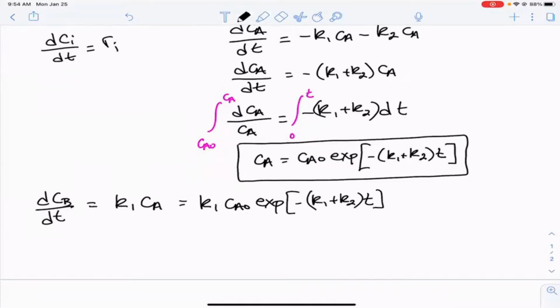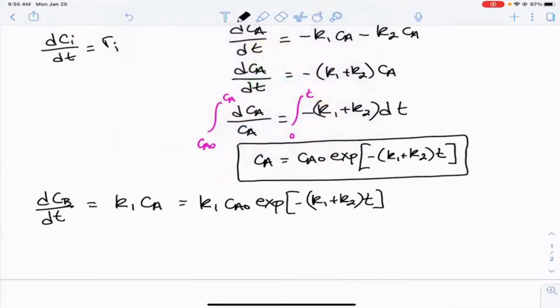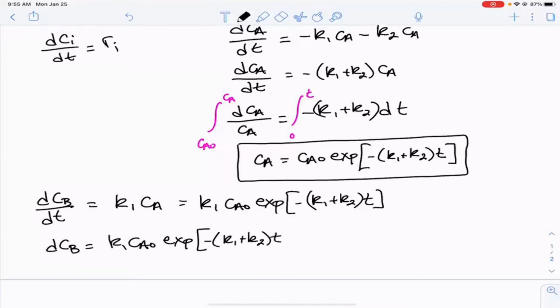And we're going to do the same thing here that we did above. So we are going to actually first multiply by dt. So we get dCB equals K1 CA0 times the exponent of minus (K1 plus K2) times time dt.